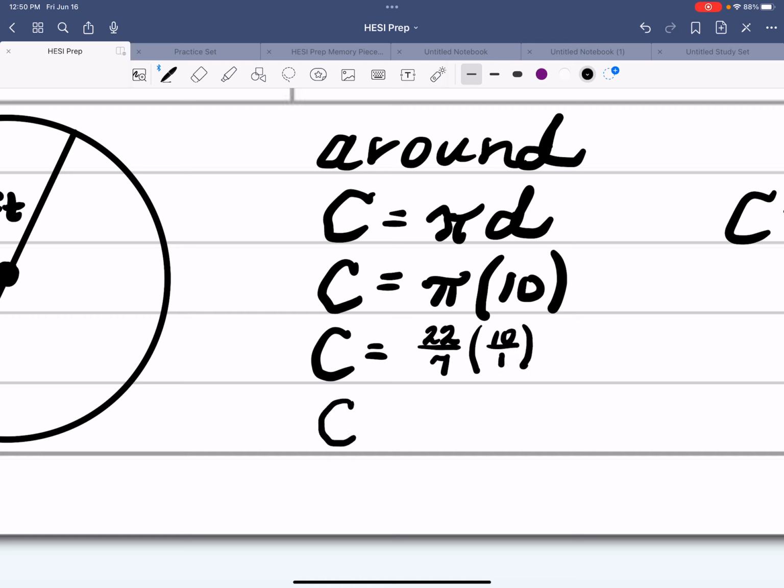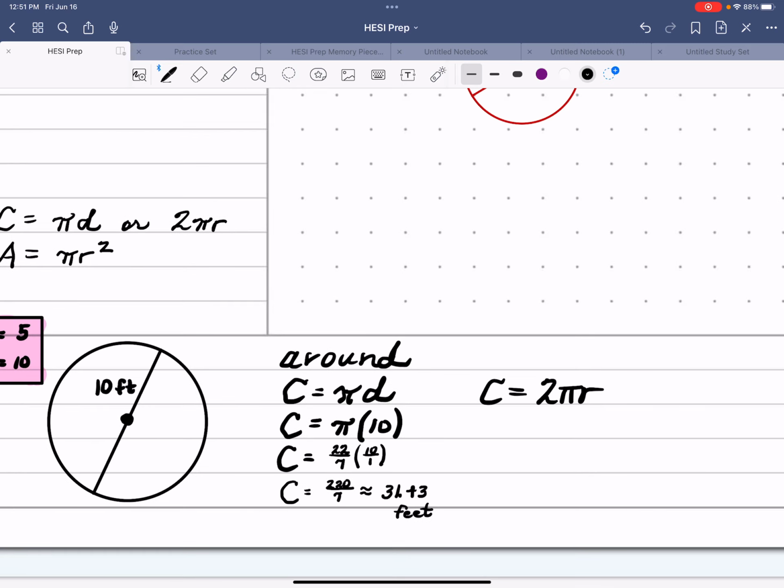So I come up with 22 times 10 divided by 7 times 1. And you get 31. Now at this point I have to round, so 31.43. And this is just linear feet. We're just walking around the outer edge of this swimming pool.